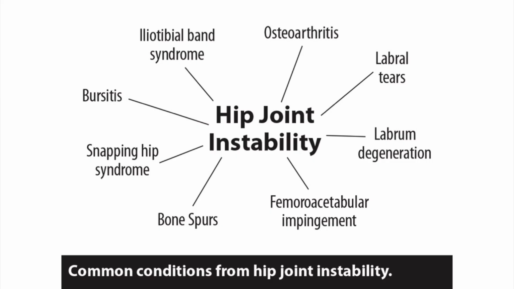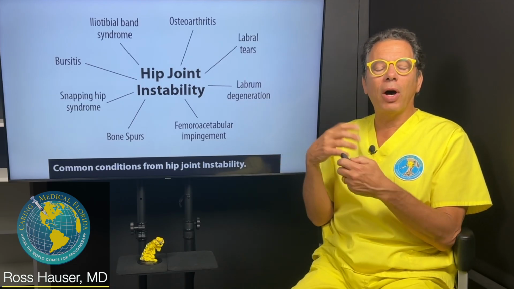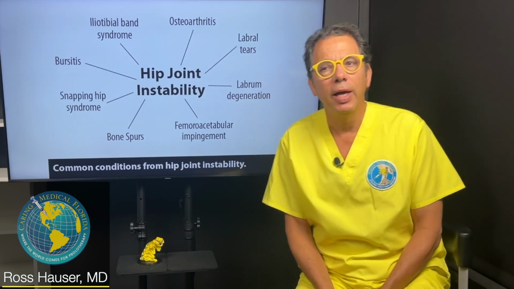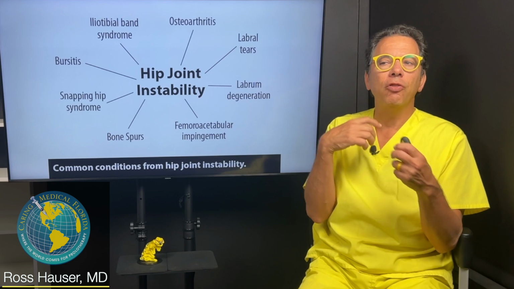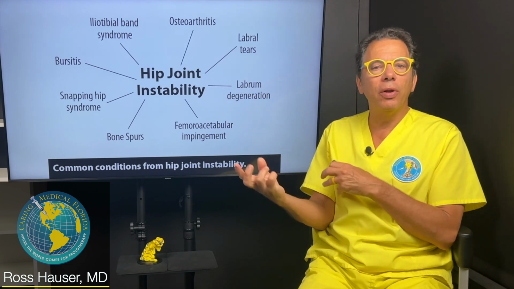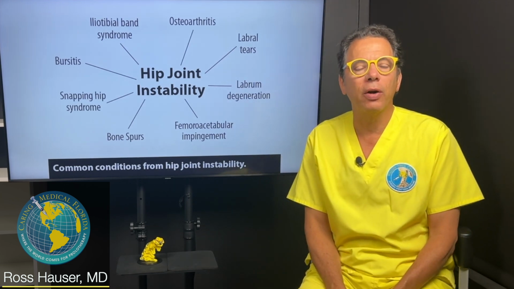Think about somebody whose MRI says that they have a labral tear and the doctor's going to go in there to do a surgery. Well, the thought process isn't correct. If you have an injury that tears something, it's probable there's other structures in the joint that are also torn.